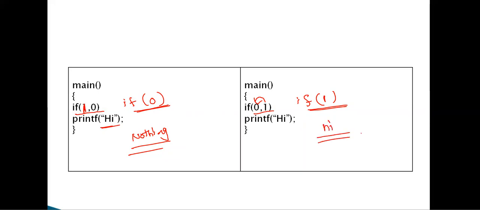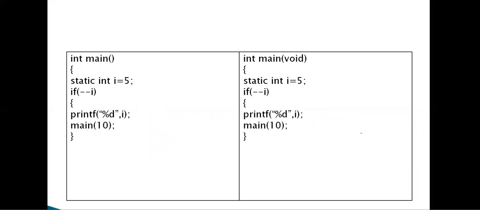A simple example. Now, see this one. Static int i is equal to 5. You know the meaning of static. Simple meaning is one time initialization, and scope is within the block. Lifetime is throughout the program.